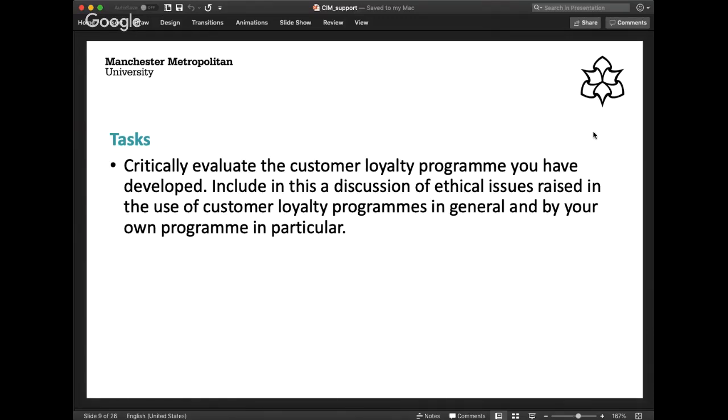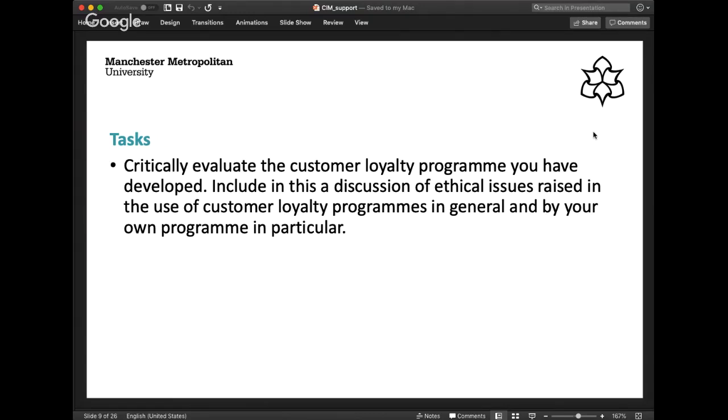So remember GDPR, remember what can we do with data, what should we be doing with data, and the debates that you've had around that this year, and the legal implications, but also the ethical and moral implications of some of the customer loyalty programs, because you've got to remember some of the debates where we get really, really good predictions through the analysis of data, where it's kind of freaky for the customers and they find it quite intrusive. So really think about it carefully, some of these ethical issues that the use of a customer loyalty program will cause.